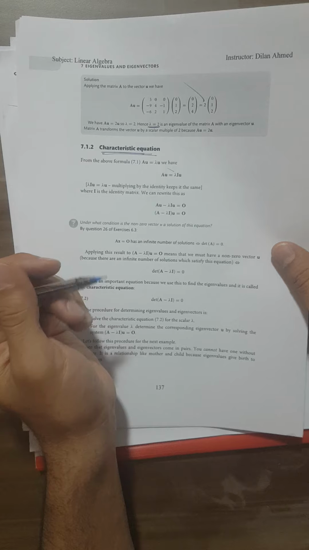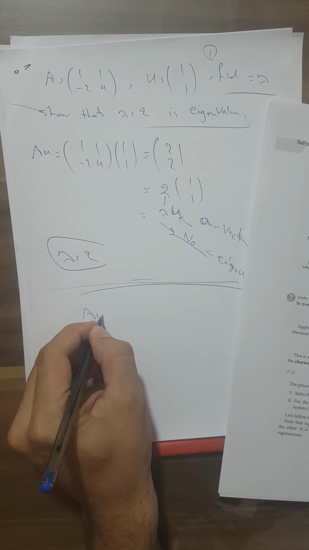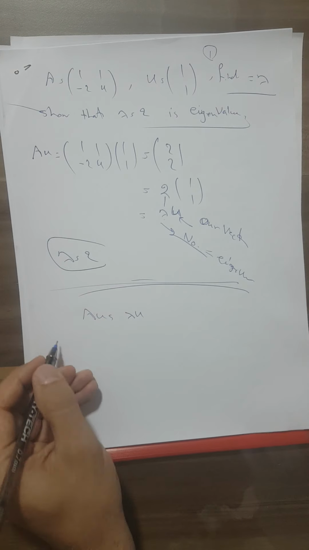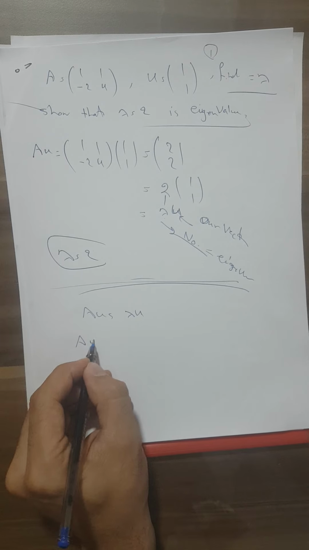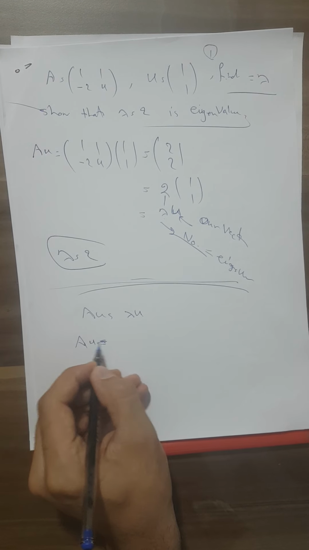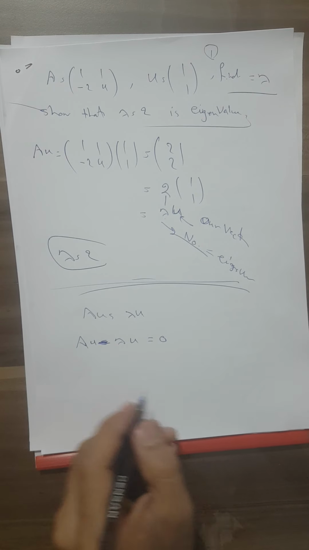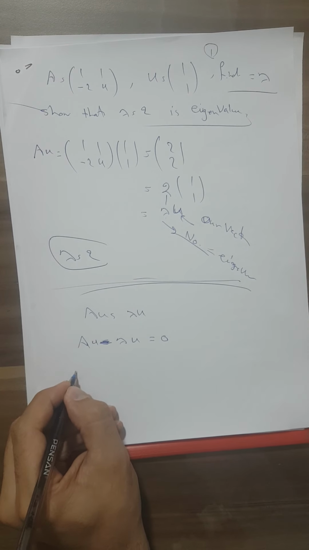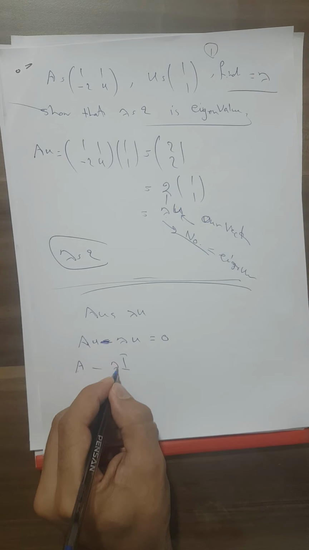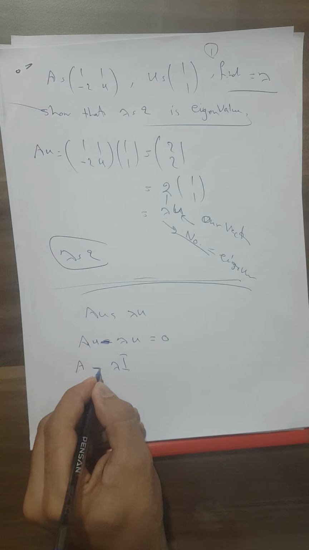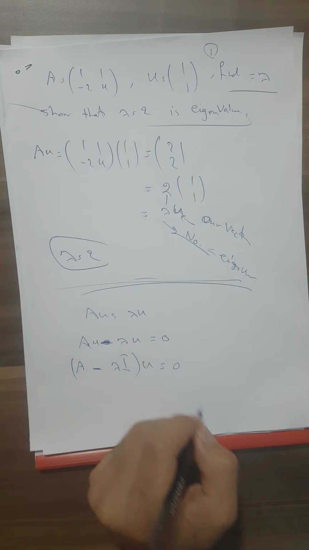So in that case, we take A U equal to lambda U, and we can bring this to the left side: A U minus lambda U is equal to 0. If I take U as a common factor, it remains A minus lambda, and we multiply by I, because the matrix should be consistent with the other matrix, that's why we put I here, times U equal to 0.